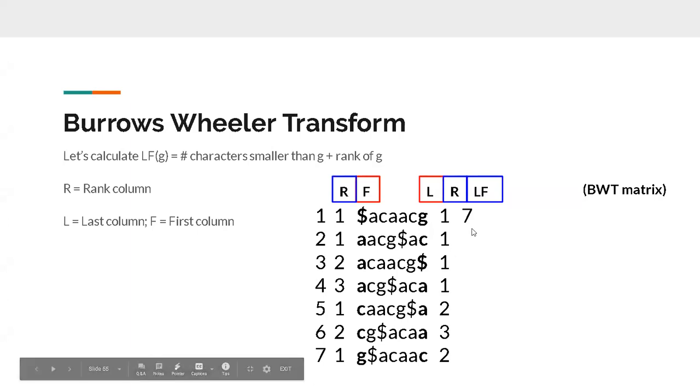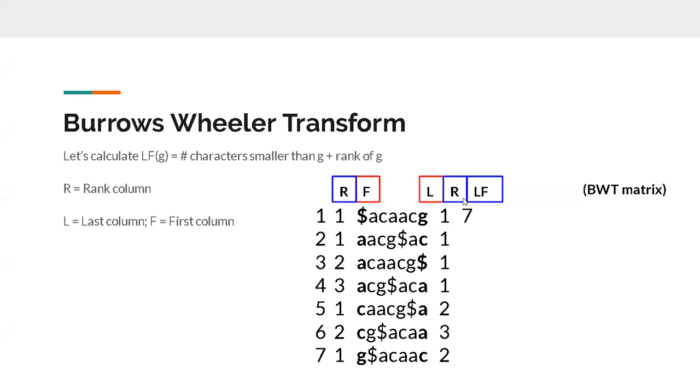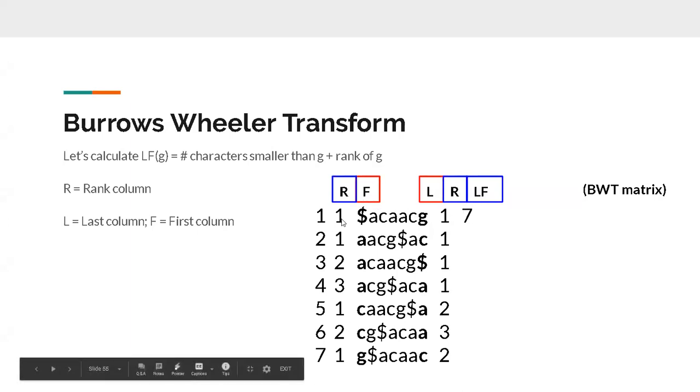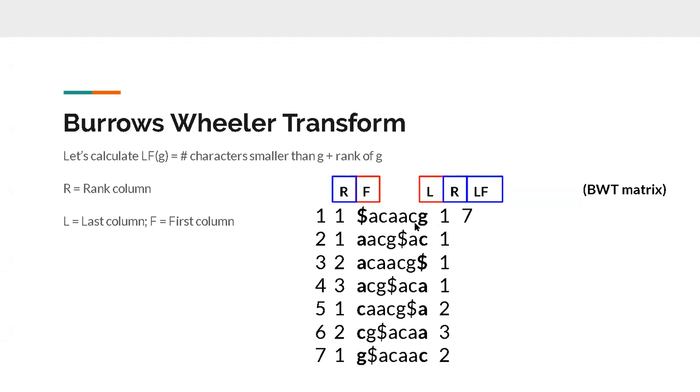Now what I'm going to calculate is the LF. Because I will calculate this LF, I will not be requiring the matrix, not even the first column over here. So can anybody tell me, if I look at this G in the first column, what is the serial number of this G in the first column?